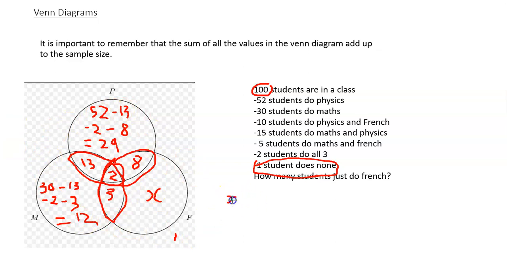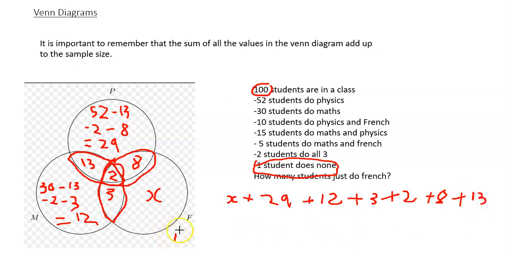So we have X, plus 29 kids just doing physics, plus 12 kids just doing math, plus 3 kids doing math and French, plus 2 kids doing all 3, plus 8 kids doing French and physics, plus 13 kids doing physics and math.